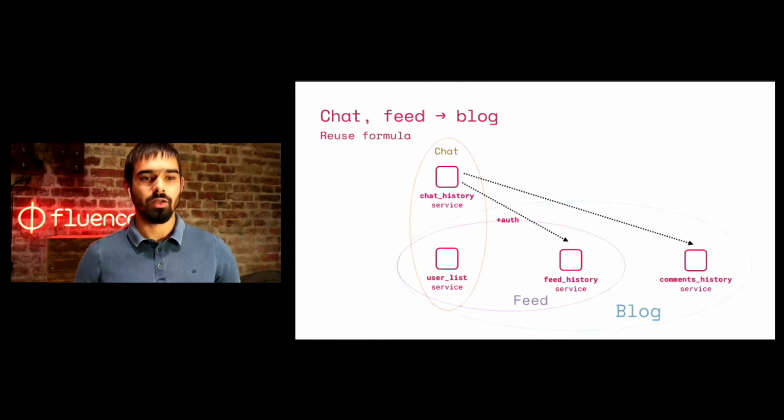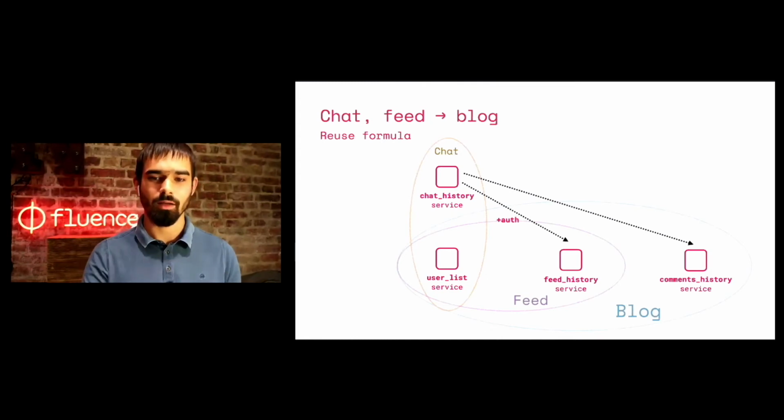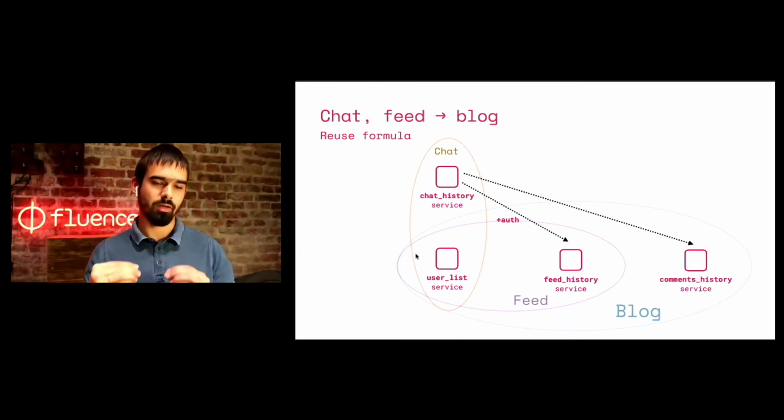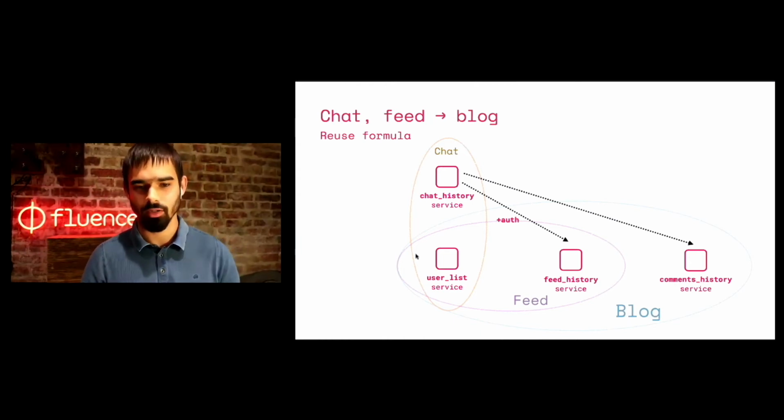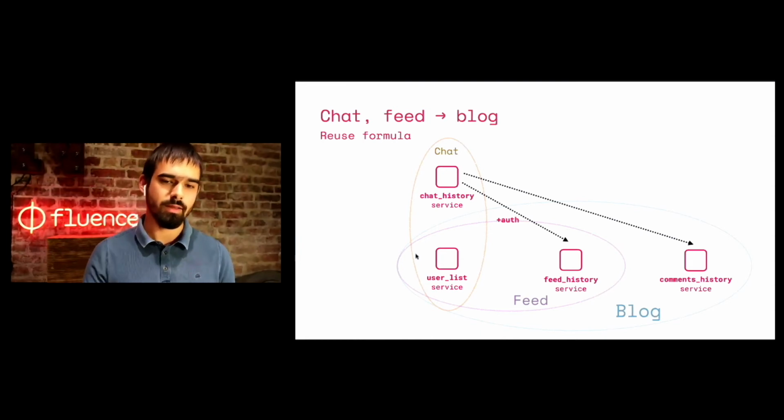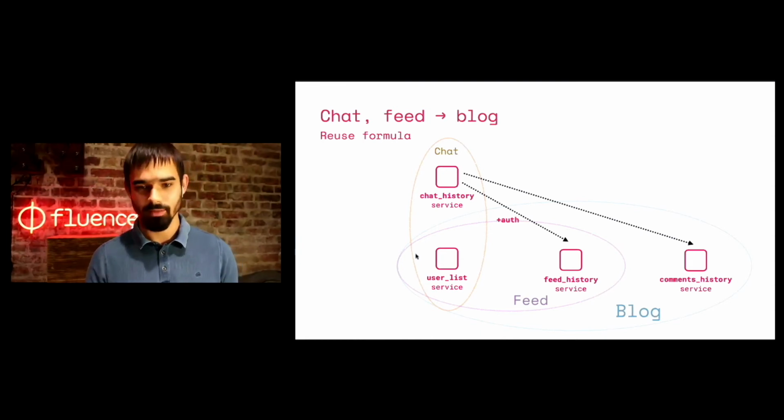And to make the blog, we can reuse the chat history service to store comments and to make the comments history service. And we can reuse the already deployed feed application, where we already have the author, we have links, we have content, and we just want to extend this open application with comments independently.